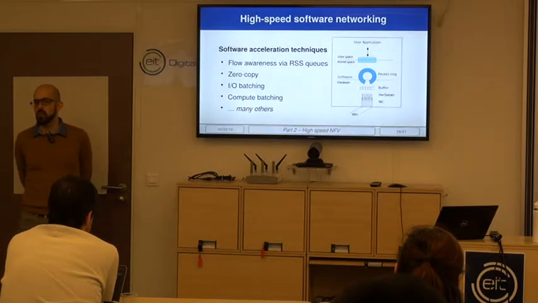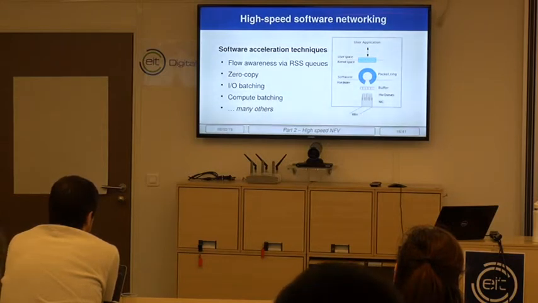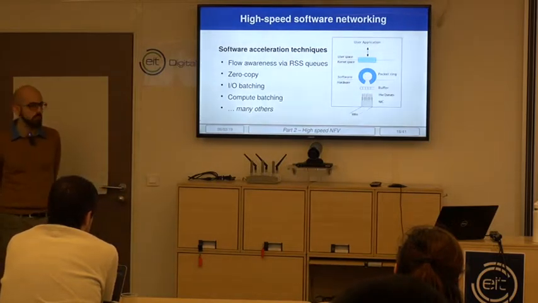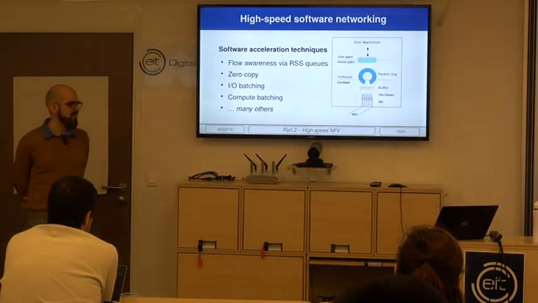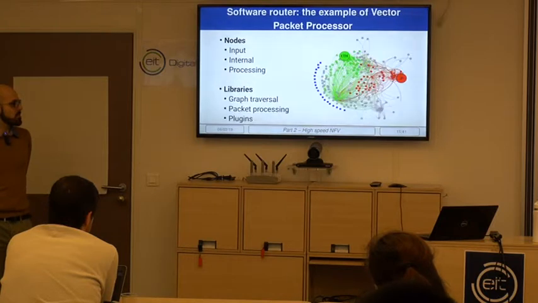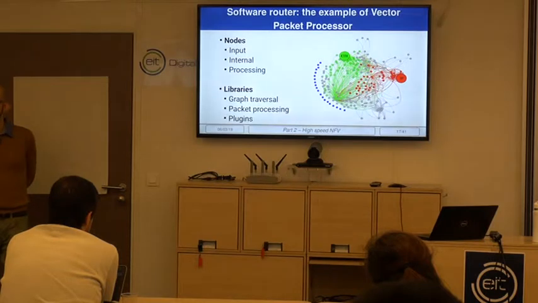So in order to do so, there has been a lot of research for producing what we call the software acceleration techniques. Now, there are many of them. I will focus just on a few of them to show you how it works. And then I will show how we end up with what we call software routers. One of the examples of a software router is the Vector Packet Processor. That is an open source implementation of high-end Cisco routers programming model.